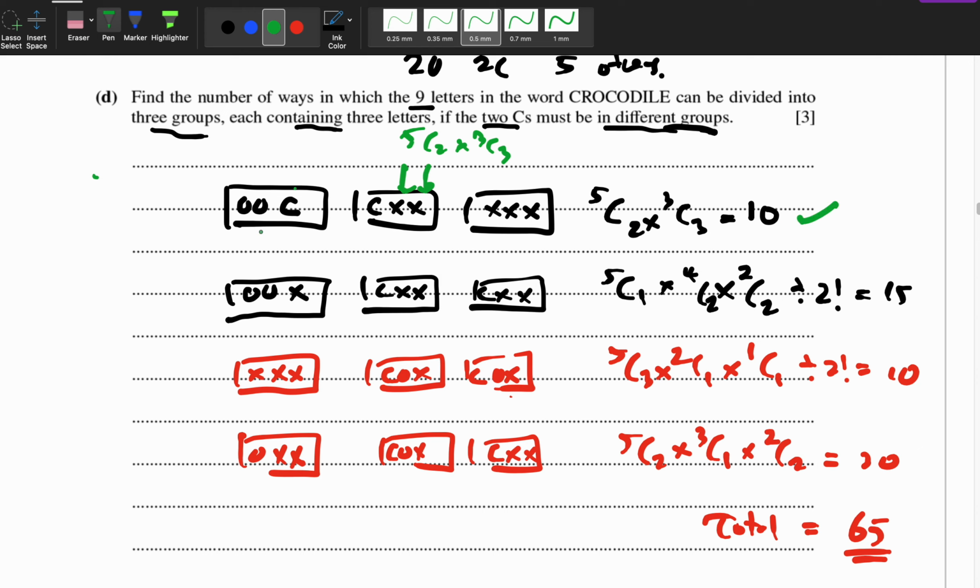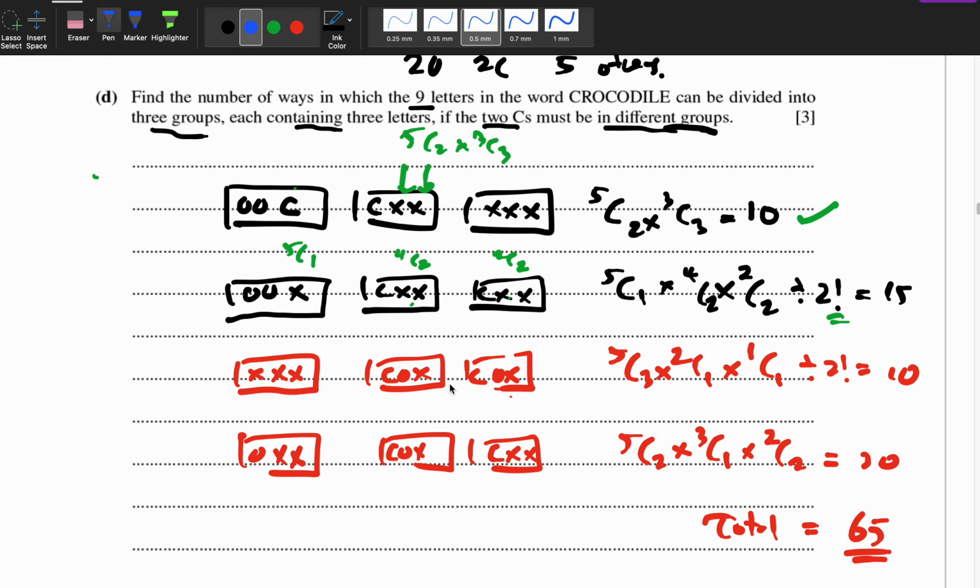Next combination is OO without the C. So C go to the other 2 groups. So this one is a selection. 5C1 is here. Then after that, here got 2 more to choose. 4C2, the last one is 2, 2, 2. Divided by 2 factorial because these 2 are repeated, so divide. Okay. And we go to this one. This one is 5C3 from the first one.